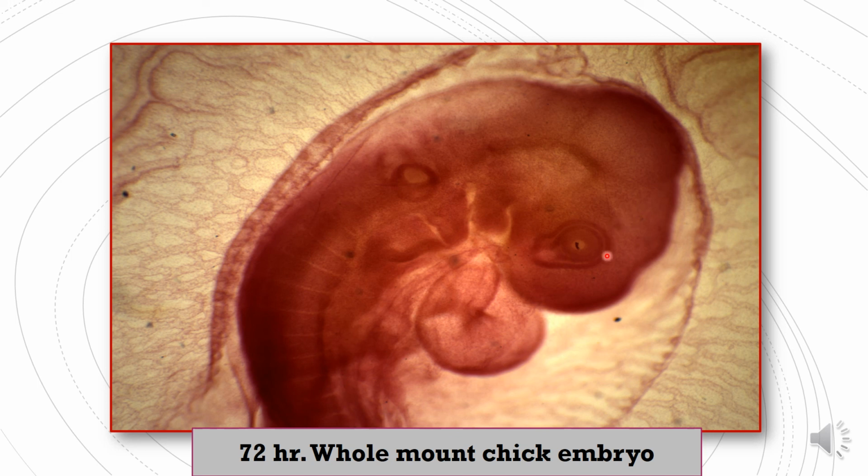From the diencephalon, you can see the optic cup and lens vesicle. And this is the otic vesicle, or otocyst, or ear vesicle.